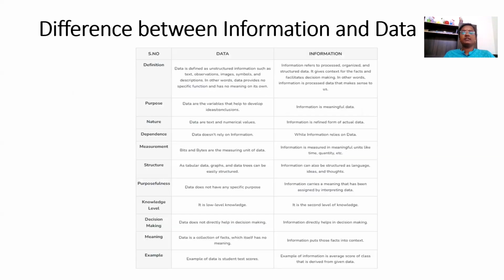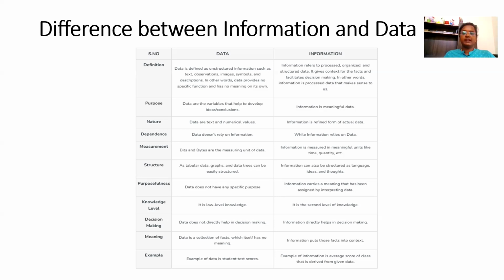And the difference between information and data is this: data is unstructured information like text, observations, images, symbols, and descriptions, etc., which does not provide a specific function or have meaning on its own. Information refers to processed, organized, structured data.